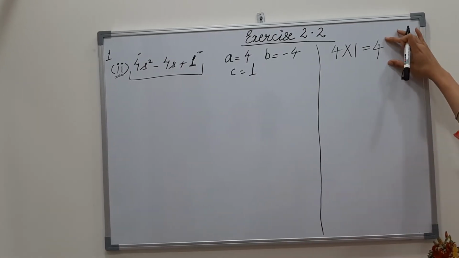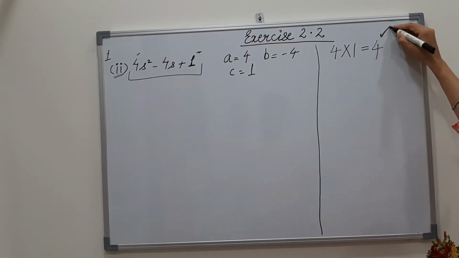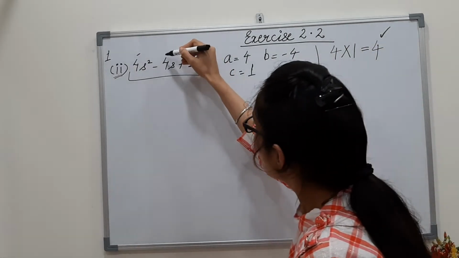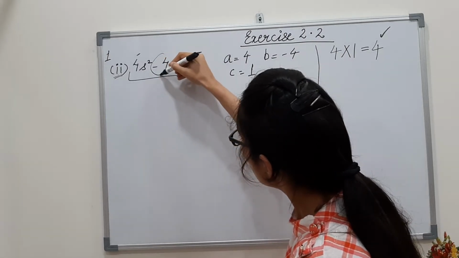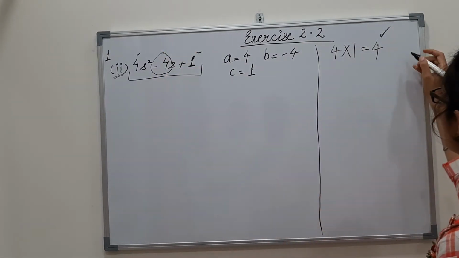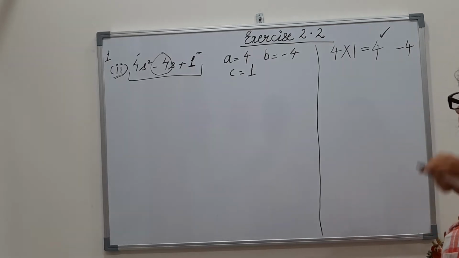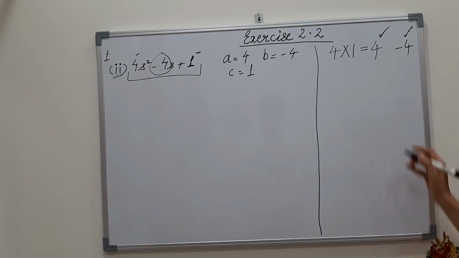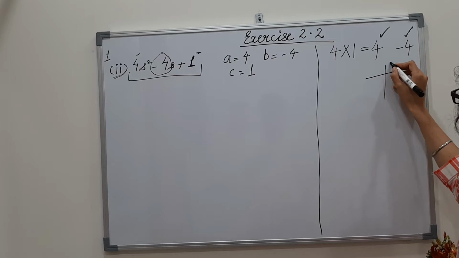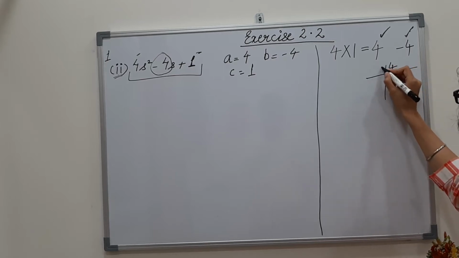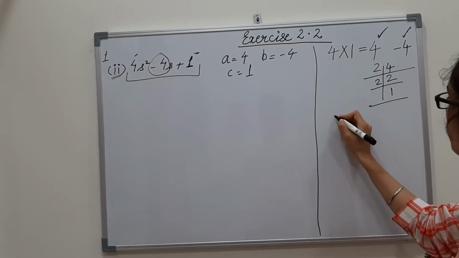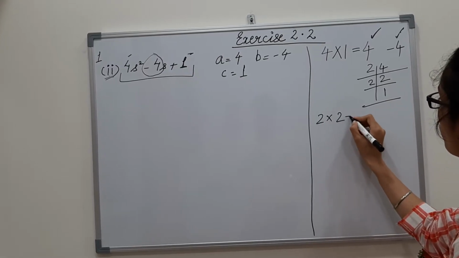Now this 4 we have to split, or write in such a way that its addition and subtraction should be equal to the middle term, which is minus 4. For that we will make factors of 4. The factors, as you all know, are 2 and 2, and 2 into 2 is 4.